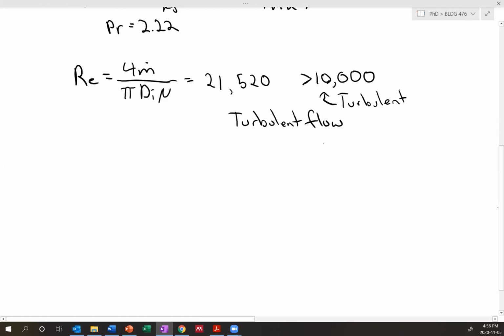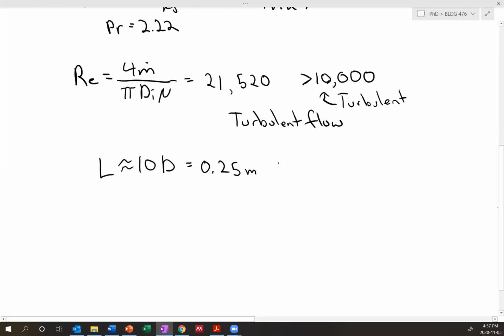All right. Now knowing that it's turbulent flow, we can find our entry length. This time it'll be a different equation because it's turbulent. So our entry length is roughly 10 times the diameter, which is equal to 0.25 meters.